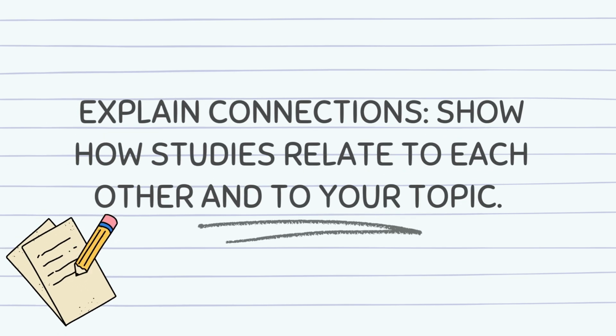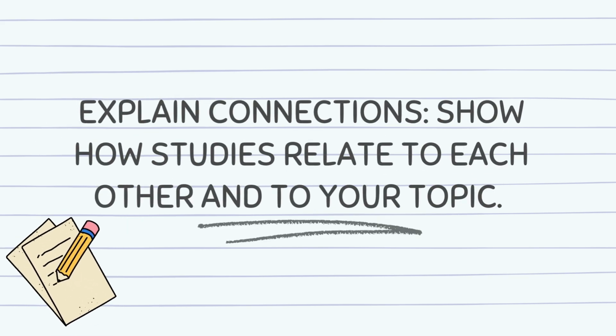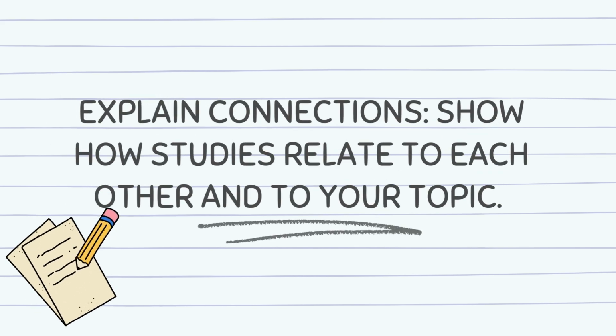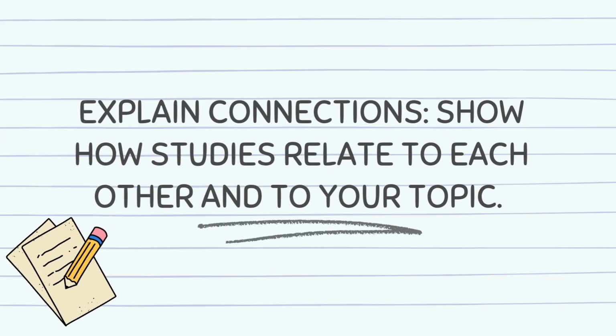Key strategies include grouping research by themes to highlight common ideas, comparing perspectives to show agreements or conflicts, using chronological sequencing to demonstrate historical trends, citing supporting or conflicting evidence to showcase academic debates, and relating past studies directly to the research topic to justify its significance. By synthesizing research rather than just summarizing, the literature review becomes a well-structured argument that strengthens the foundation of the study.